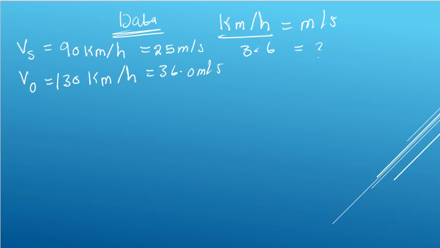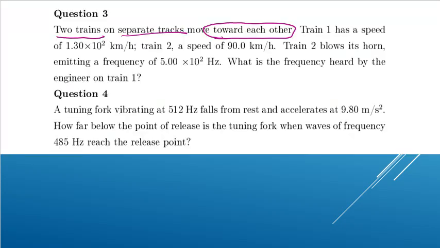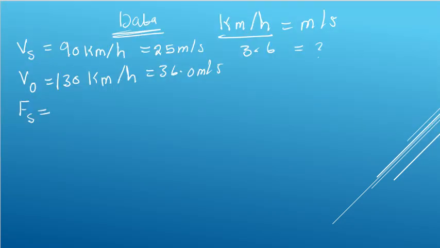Okay. Then what was the frequency of the source? We have been taught that it is 500 Hz. What is the frequency of the observer? I guess that's what we're looking for.